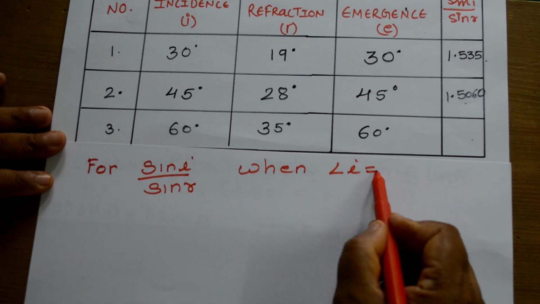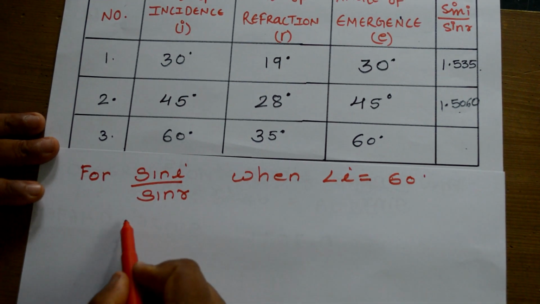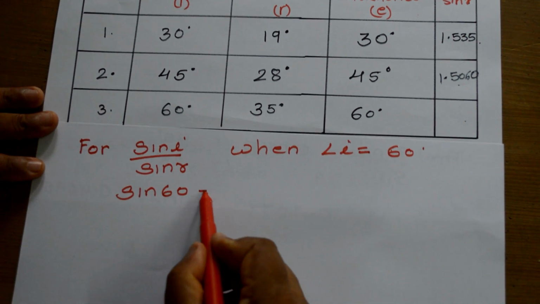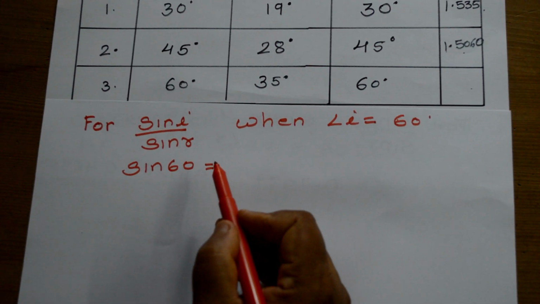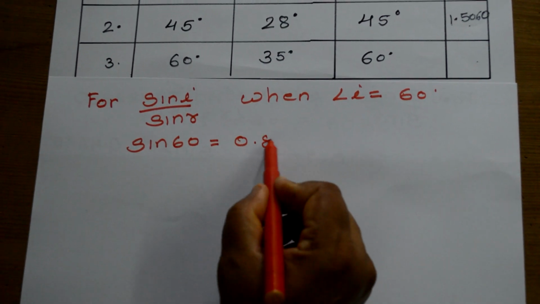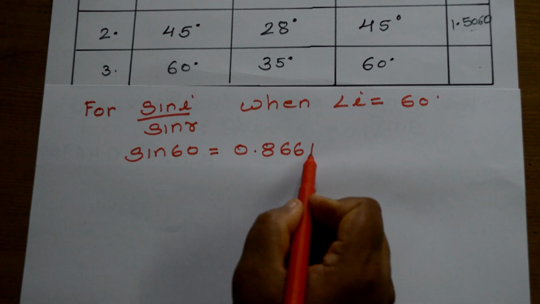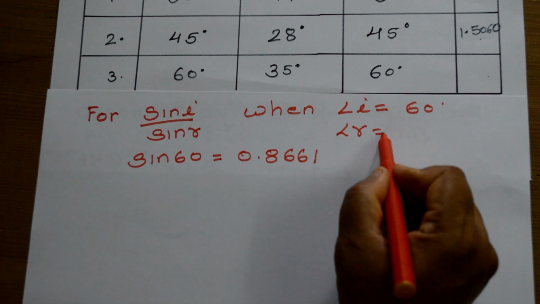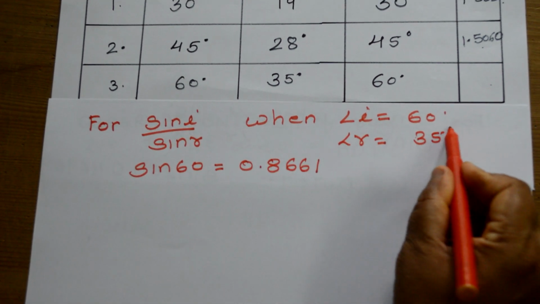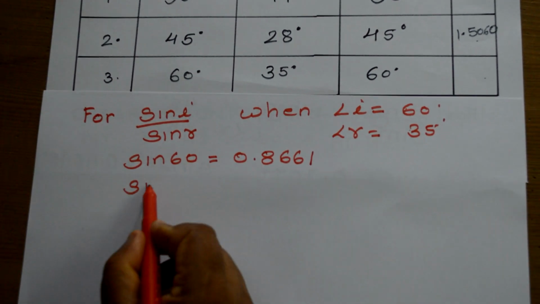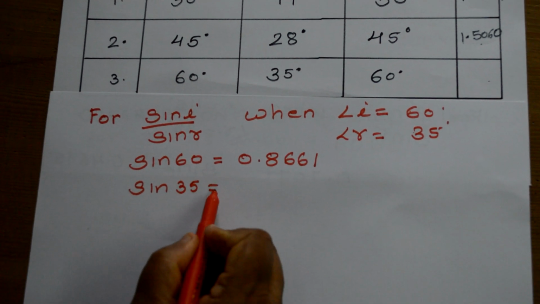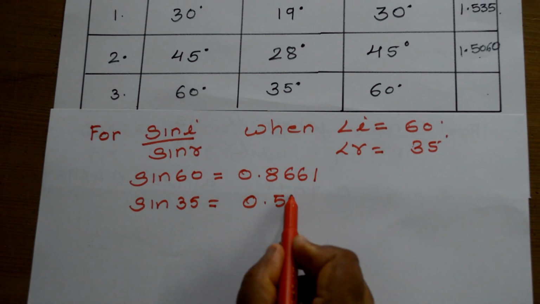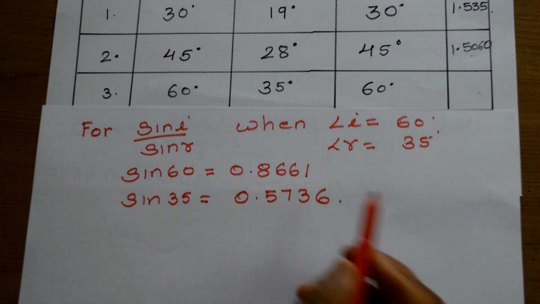For sin I upon sin R when the angle of incidence is 60 degrees, sin 60 value is equal to 0.8661. R is equal to 35 degrees and sin 35 value is 0.5736.